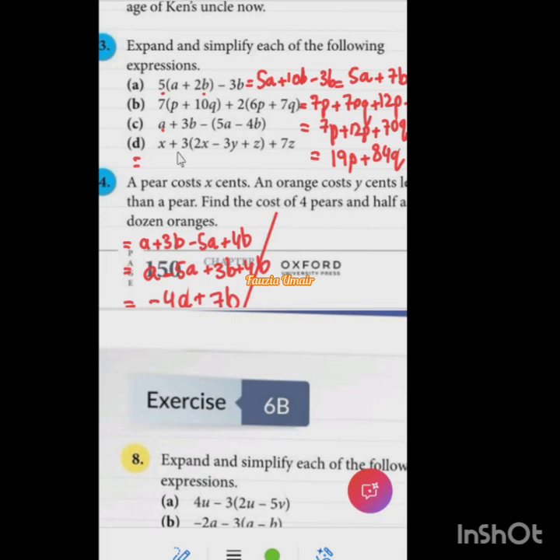So can we expand it? x plus 6x, minus 9y, plus 3z plus 7z, right? So what would be the answer? x plus 7x, minus 9y, and plus 10z. Very good.